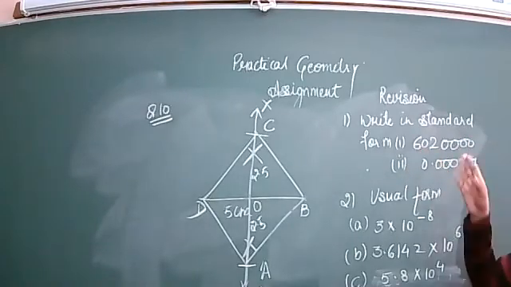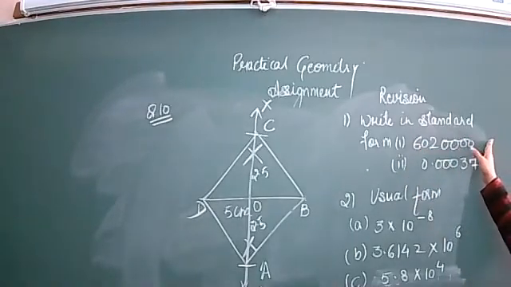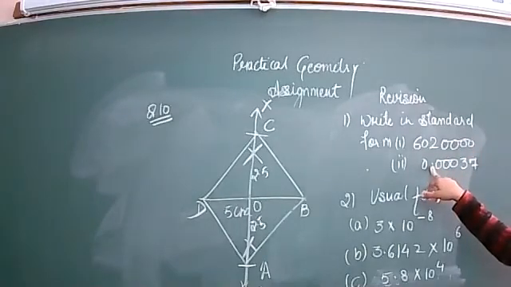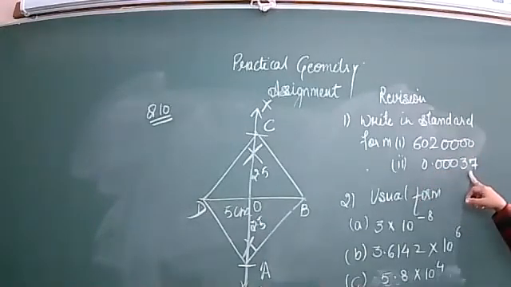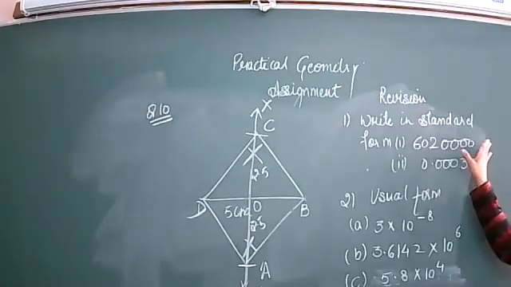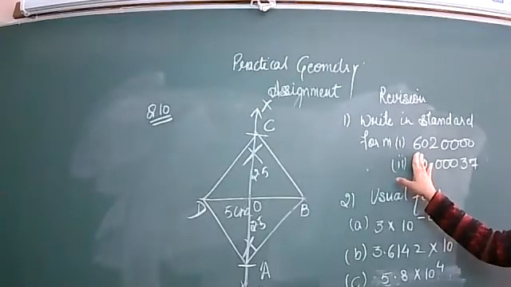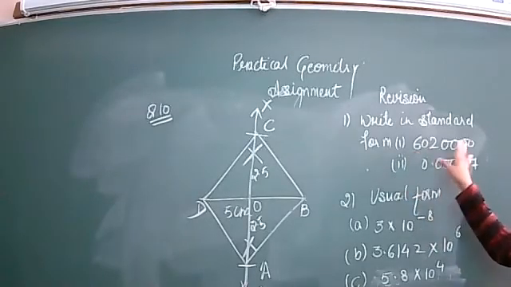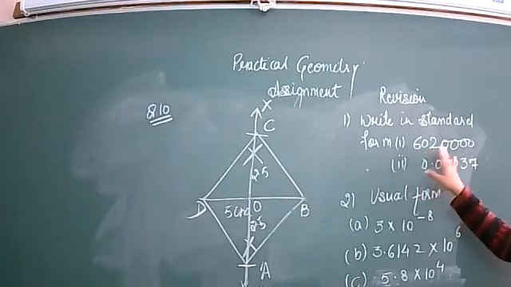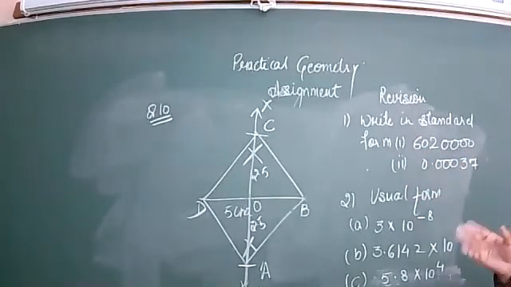If you are shifting the decimal from the right, then the power will be positive. If you are shifting the decimal from the left, then the power will be negative. Clear? If you put the decimal from the right-hand side, it will give you 10 raised to a positive power. You have to see how many places you are shifting.